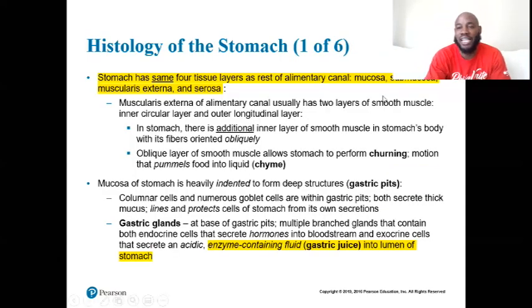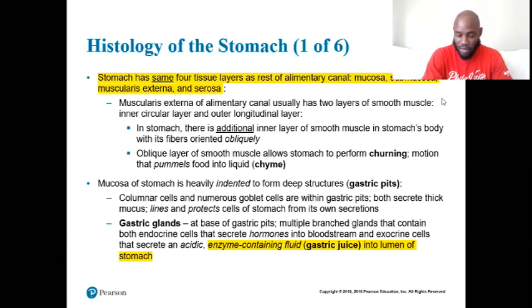All right, so what is the histology of the stomach? Same four tissue layers as the rest of the alimentary canal. Mucosa, your epithelial layer; submucosa, connective tissue layer; your muscularis externa, which is your smooth muscle; and your serosa, which is also primarily connective tissue.